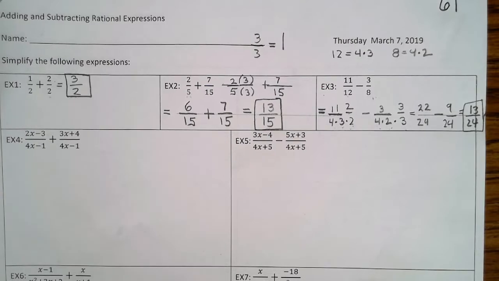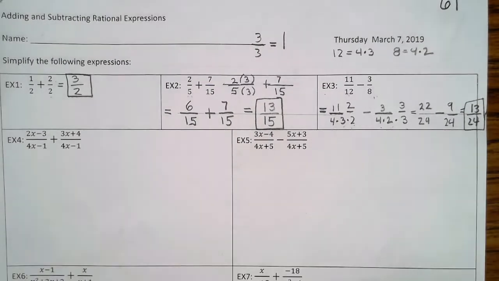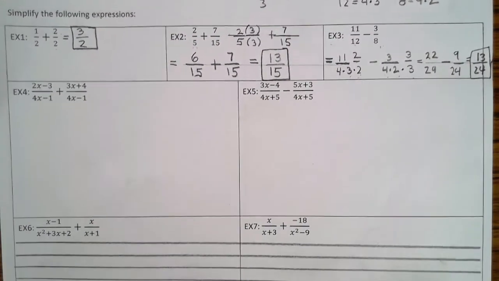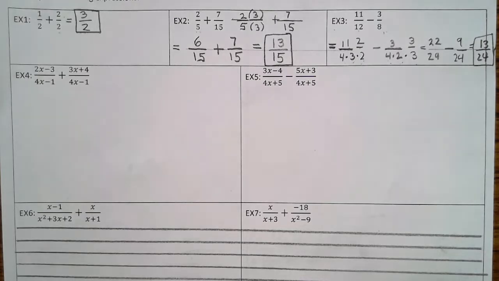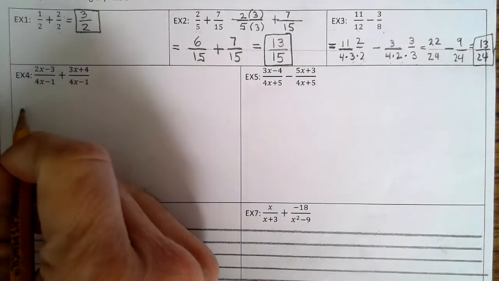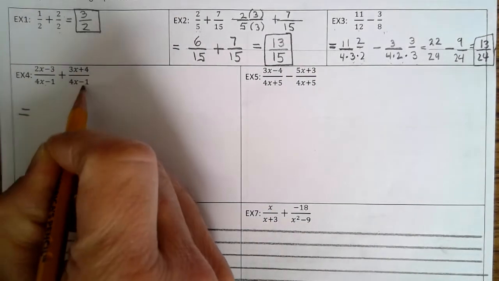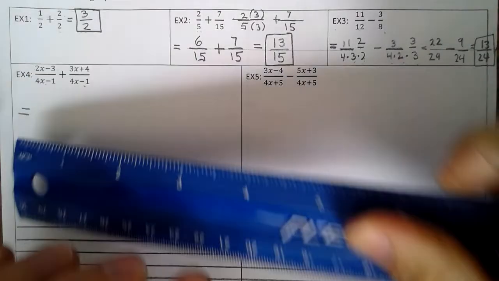All right, let's take a look at example 4. So here, you'll notice they have the same denominator. When you have the same denominator and you're adding fractions, the problem is simple. You just add the numerators.